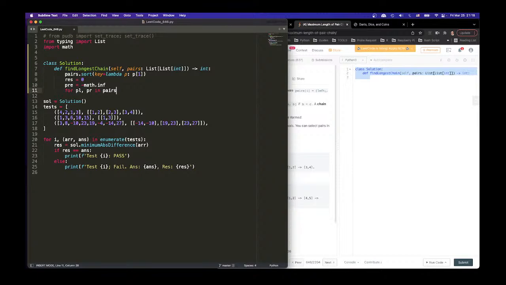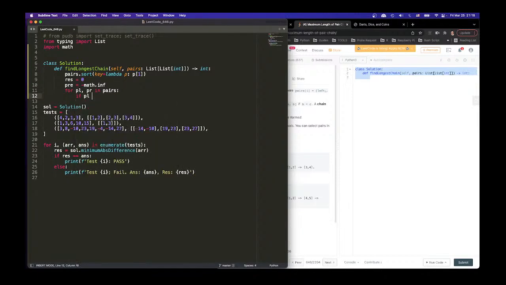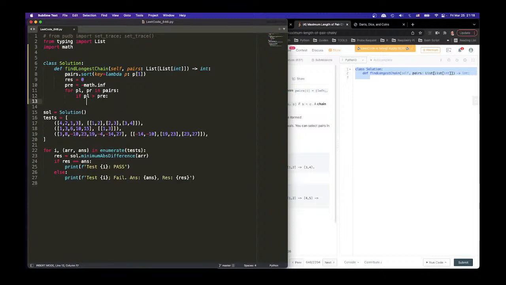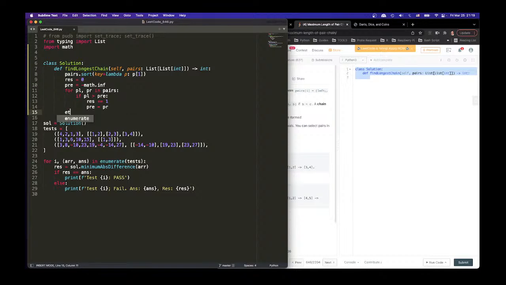Okay, so in pairs, we say if PL is larger than pre, res plus equal 1, and then pre equals PR. And then we return res.